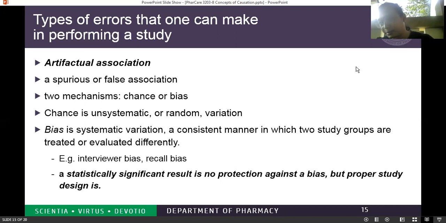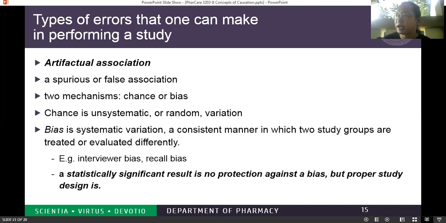Interviewer bias, let's say, the interviewer may have a card that contains a list of questions, but because the style of interview is different from one interviewer to another, they may go to other questions, and so we may have different data.